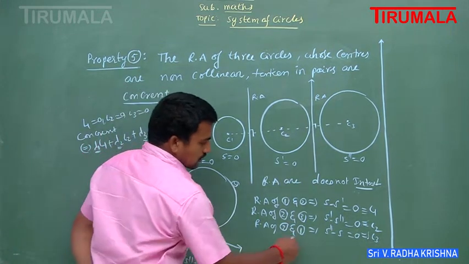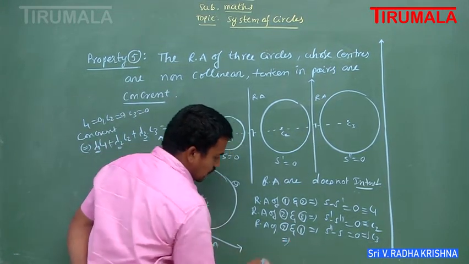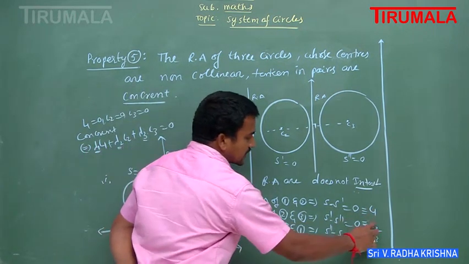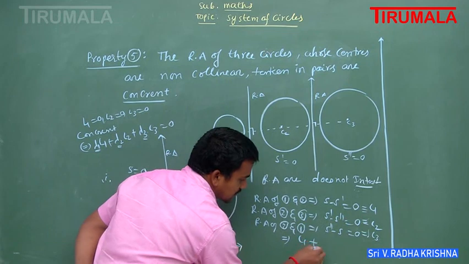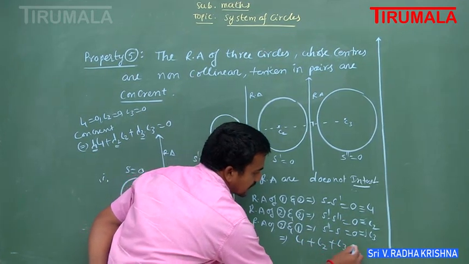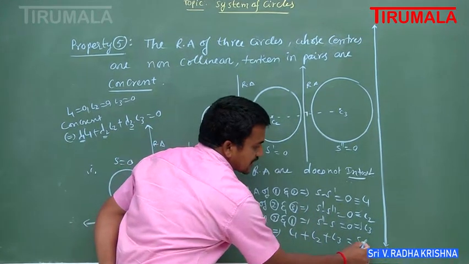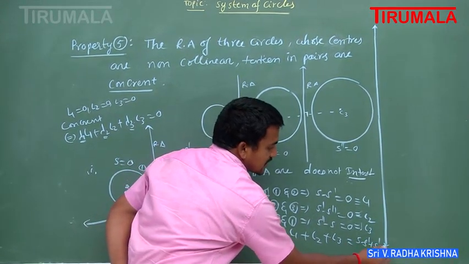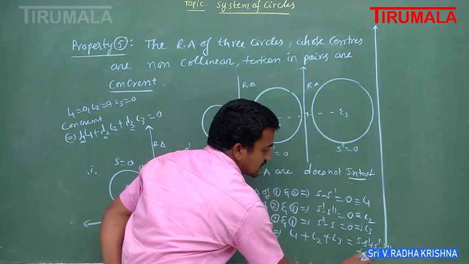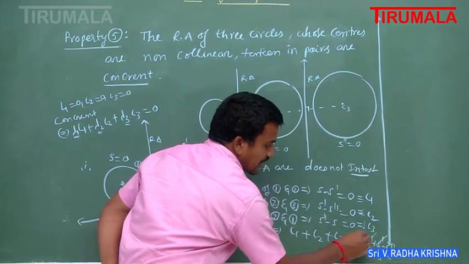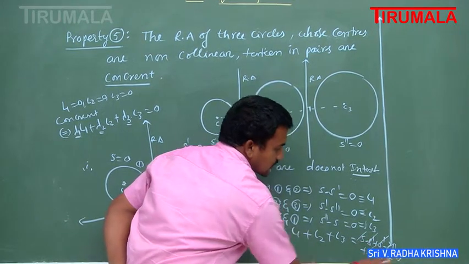Now we shall prove that the 3 lines are concurrent. First we add the 3 lines. L1 plus L2 plus L3 is, observe, S minus S dash plus S dash minus S double dash plus S double dash minus S, which cancels all terms and is equal to 0.